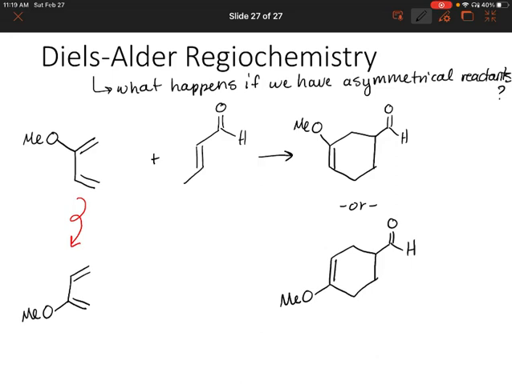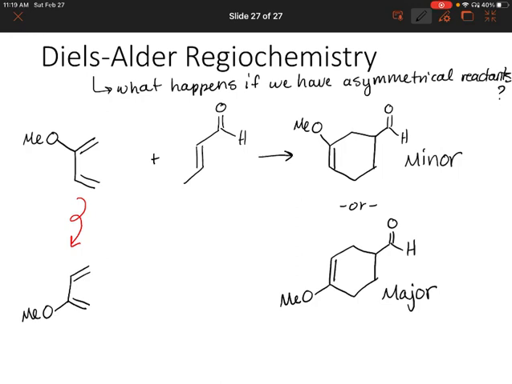Okay, so these are our two possible outcomes. Now, what's interesting is that the second product we drew is the major product. The first one we drew is the minor product. Okay, so why? Why is the bottom product the major product?